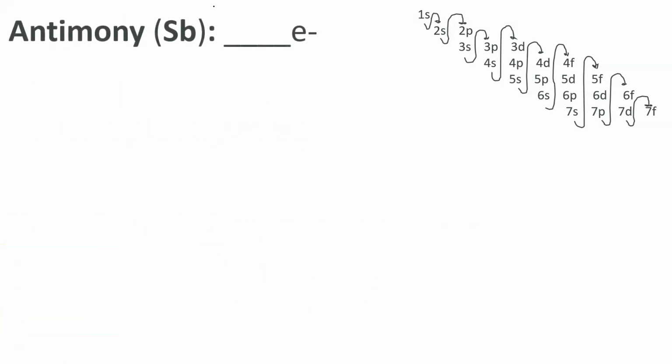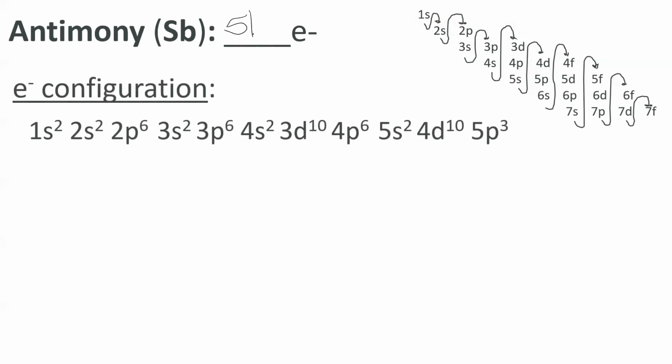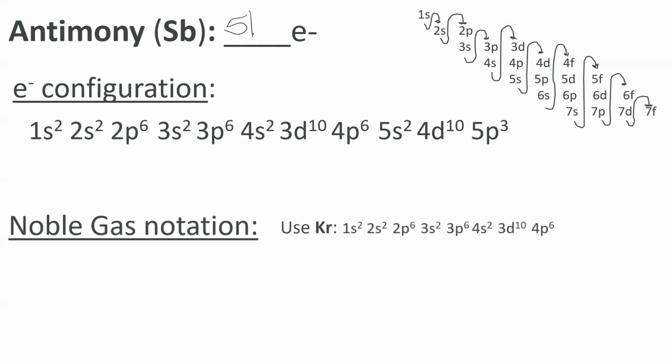All right, antimony. Try it out. Pause the video, check your work. Antimony has 51 electrons. Refresh yourself, you've done this one too. The noble gas that comes before antimony is krypton, going up to 4p6.